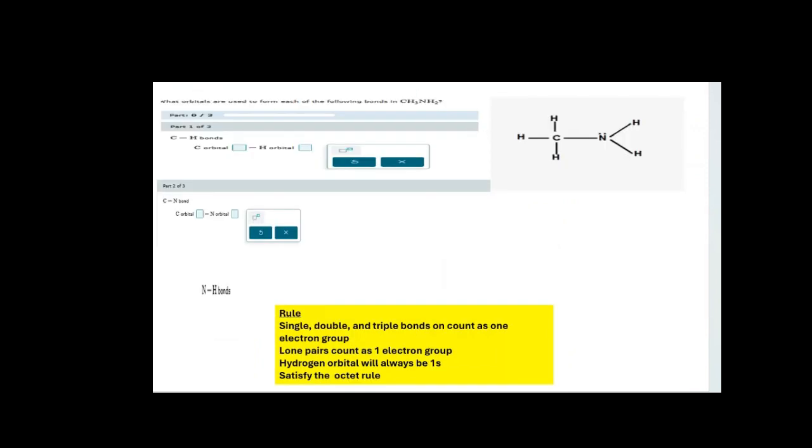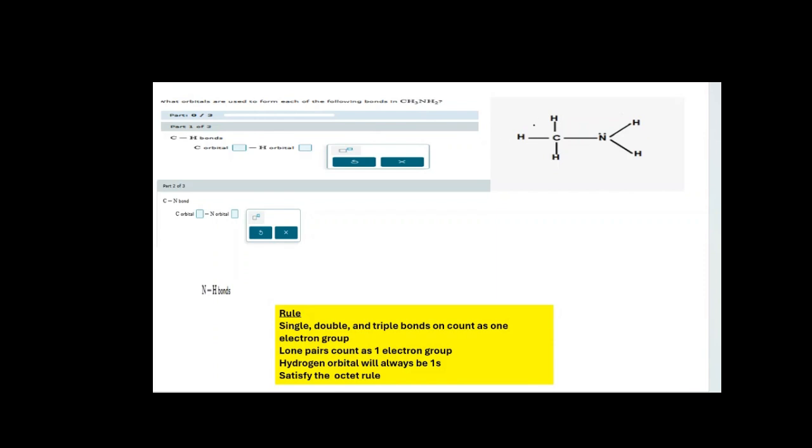All right, so here's the compound, which is CH3NH2, and I also have the graphic depiction of it. First, we're going to start by counting the electron groups around the compound. We'll start with carbon.